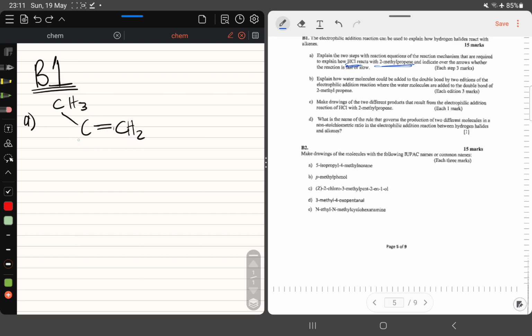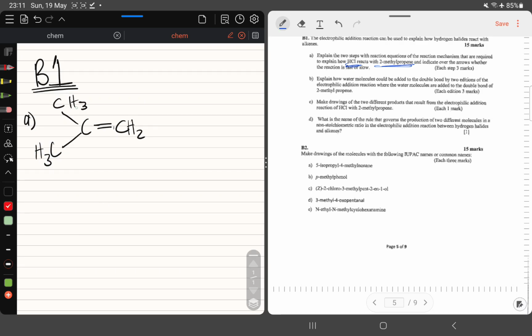Then this one is going to be bonded to another carbon, and that is what makes the methyl, because your propene is this continuous chain, and then this guy is a methyl. This is carbon number 1, number 2, and he is on carbon number 2. So he is 2-methyl and then propene.